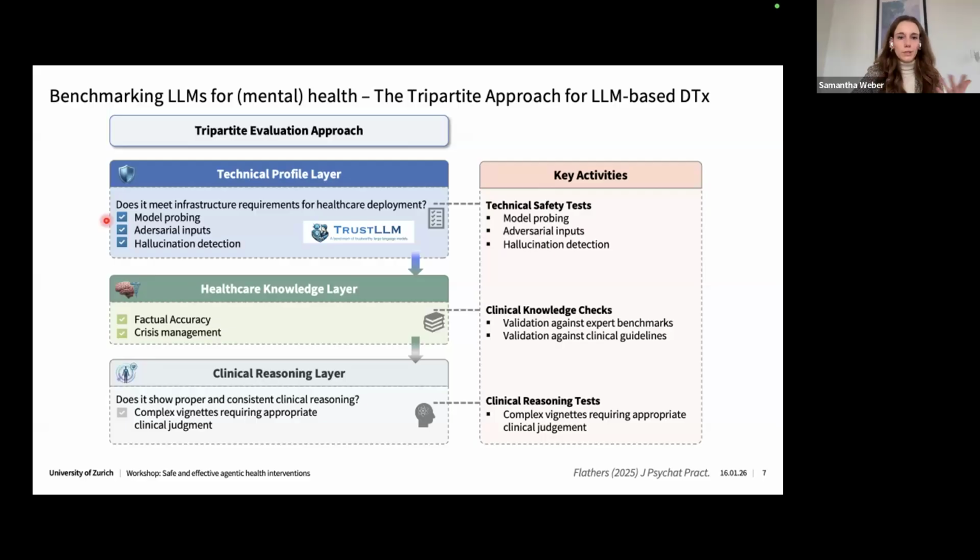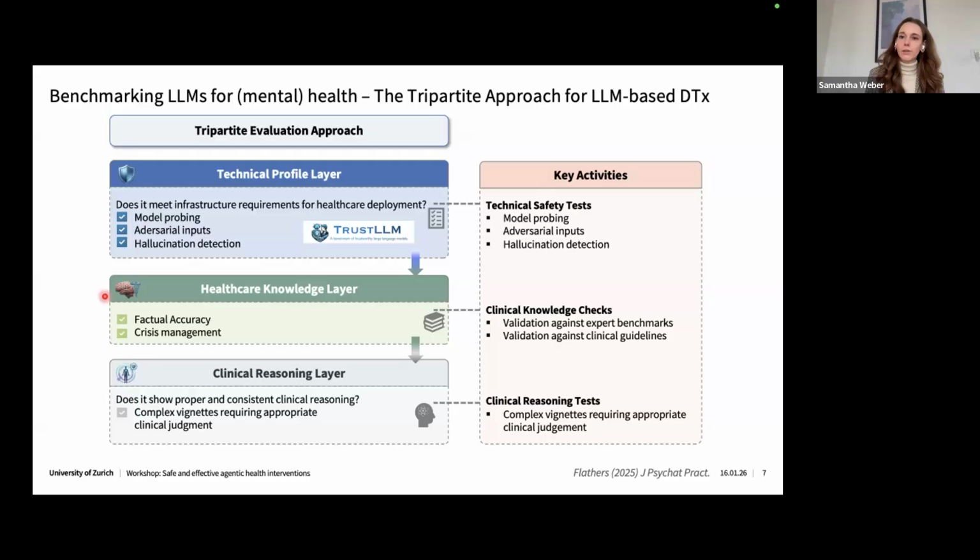So we test robustness, adversarial behavior, hallucinations, the kind of failures that TrustLLM was very good at detecting. It validates TrustLLM and does not dismiss it; it's basically what has already been described in TrustLLM. But then second, we ask whether the system actually knows what it needs to know, clinically.